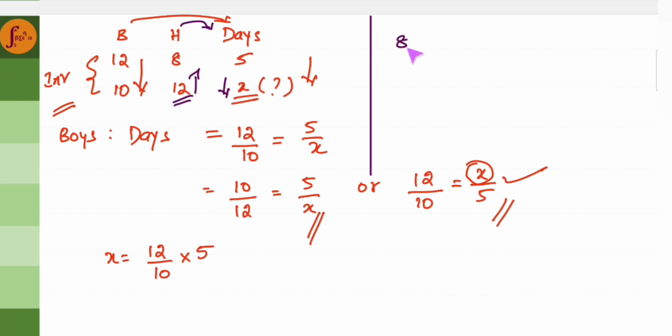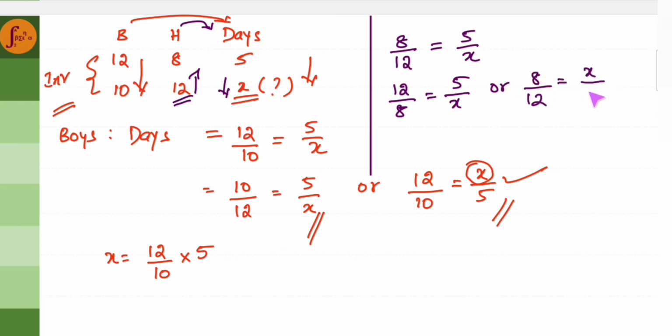Normally we would have written it as 8 by 12 is equal to 5 by x. But since it is inverse, we'll make it 12 by 8 is equal to 5 by x, or I'll write it as 8 by 12 is equal to x by 5. I can take one of these. I'll take this because x is what I have to find out and x is on top.